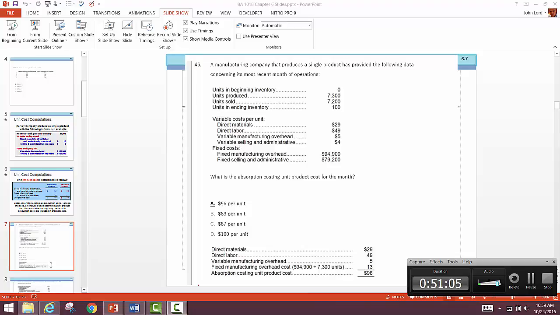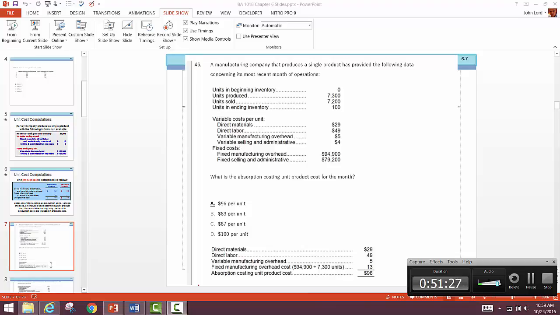So I get that number, and then I want to take off my selling and admin, and I need to take it all off. I need to take all of my selling and administrative expenses for the period, I expense those, right? Okay, so I need to do what?